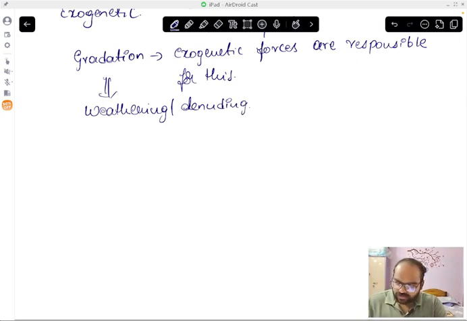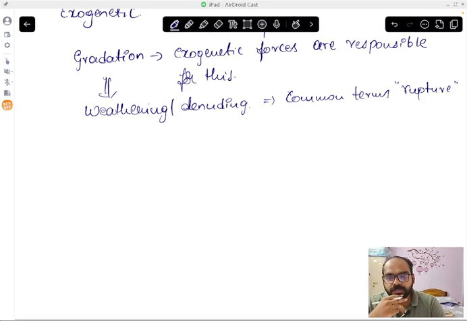In common terms, I don't say destruction, we can say it as rupture. In common terms, gradation means nothing but rupture of a physical feature.